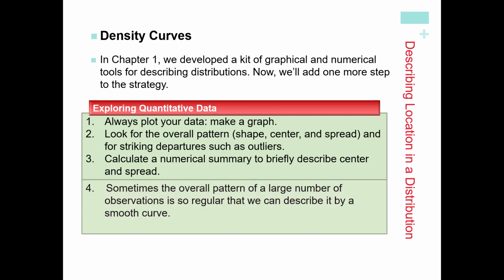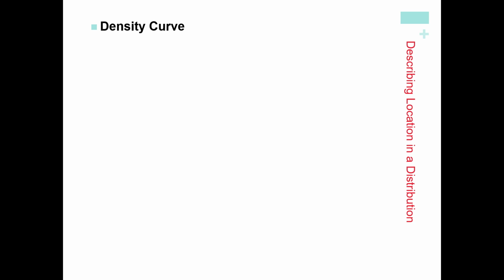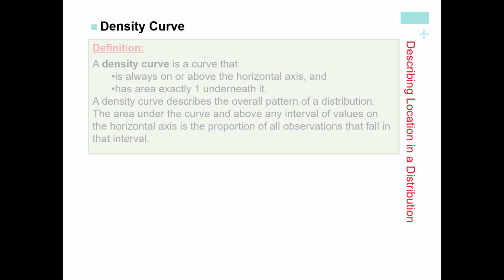But we're now going to add a fourth step to this. And this fourth step is that sometimes the overall pattern of a large number of observations is so regular that we can actually describe it not even by using that broken up boxy histogram, but by a smooth curve. So let's talk about density curves.